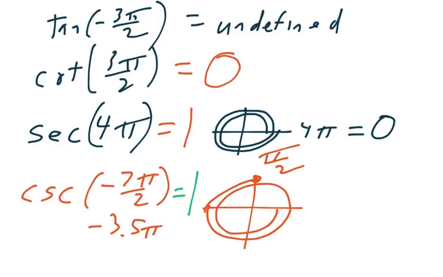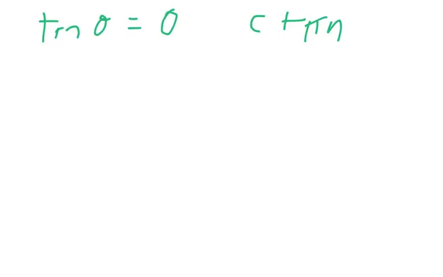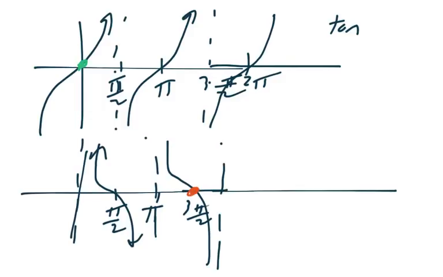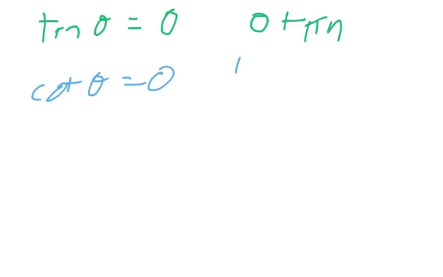Right there. So I got 0 plus pi n. Where's the cotangent of theta equal to 0? Go back to that first page. The cotangent is equal to 0 in one of the places right there at pi over 2 plus pi n.